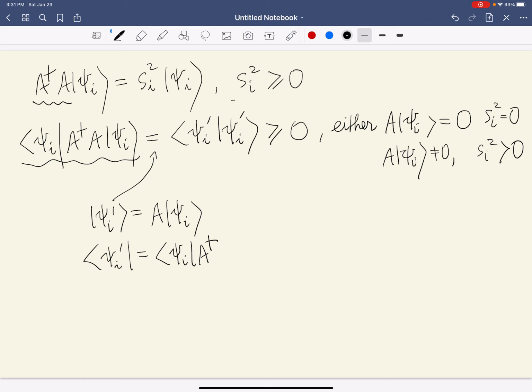Okay, so we have nicely proven the non-negativity of the eigenvalues of A dagger A. A dagger A is sort of like the square of the matrix, which is a quick way of seeing why its eigenvalues are always non-negative.